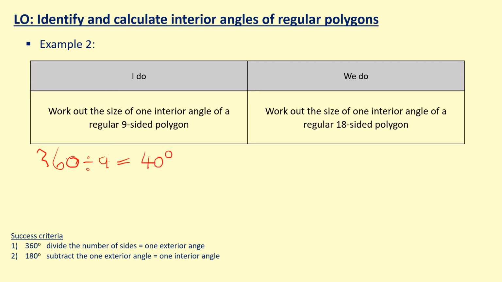Okay, and then 180 subtract 40 equals 120 degrees, and that would be our interior angle for this nonagon.